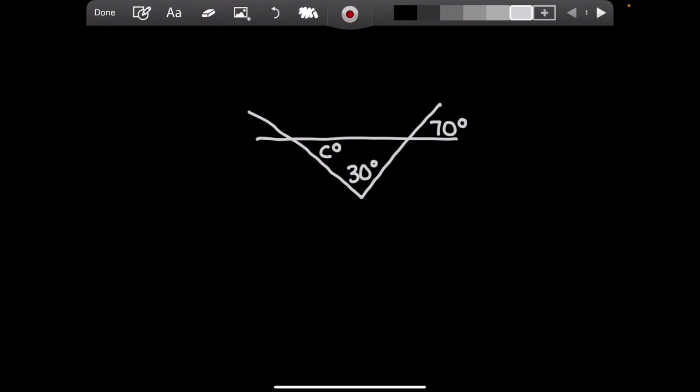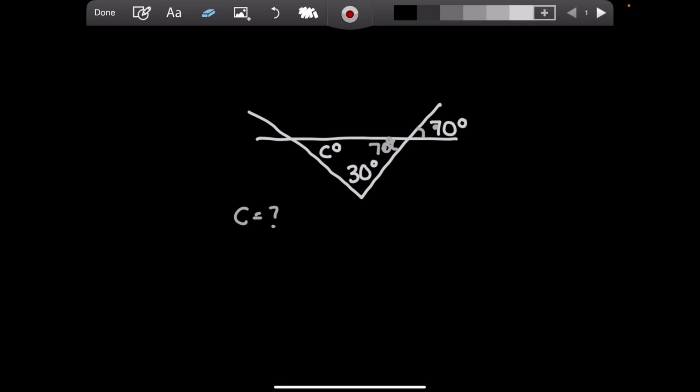Once again, we know that these are vertical angles, which means this angle is going to be the same as this angle. So therefore we know this one is 70 degrees. But how do we figure out what C equals?